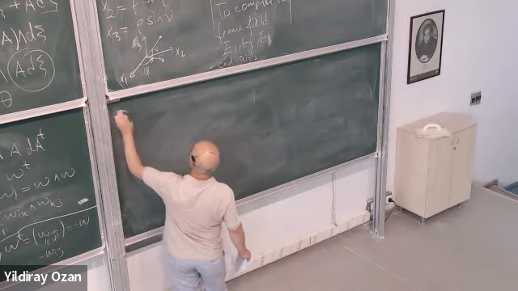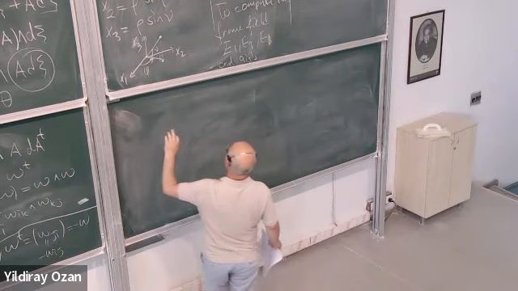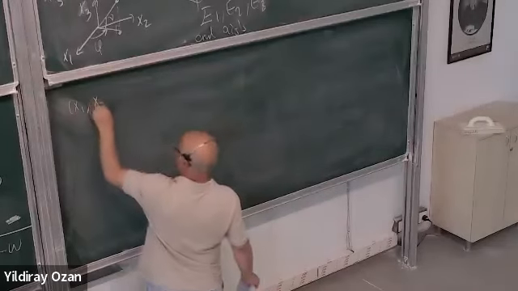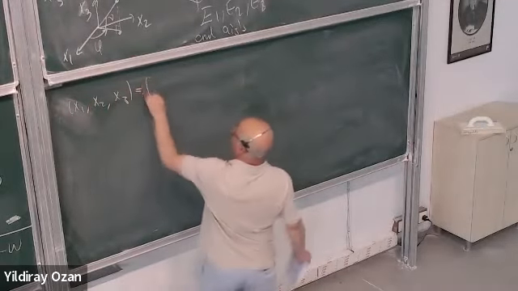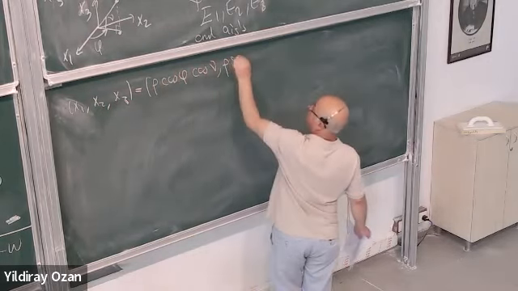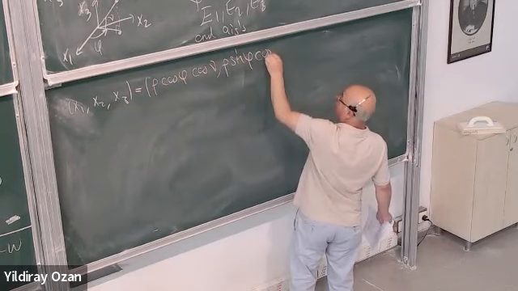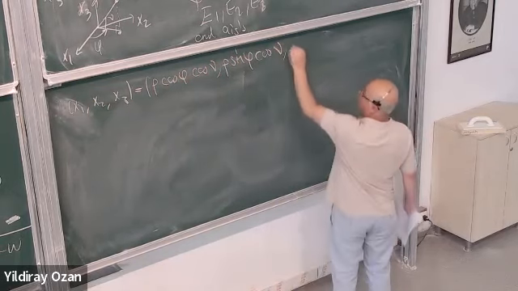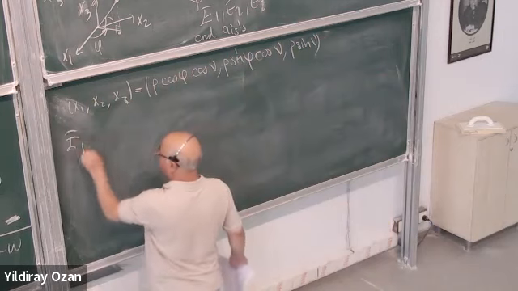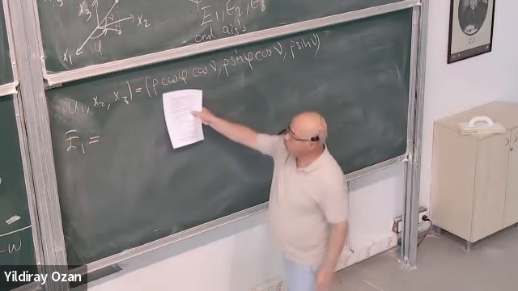So I write it, now rho. X1, X2, X3 is rho times cosine phi cosine nu, rho times sine phi cosine nu, and rho times sine nu. E1 is the derivative of this with respect to the first coordinate.